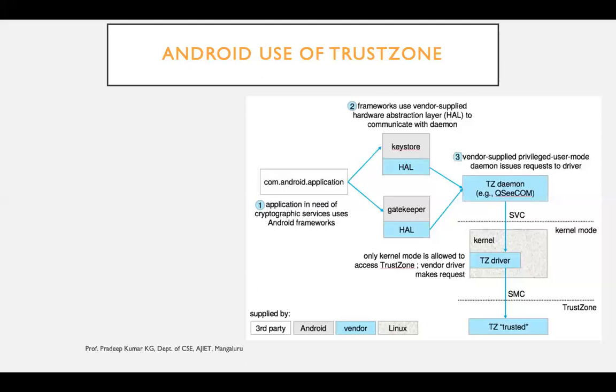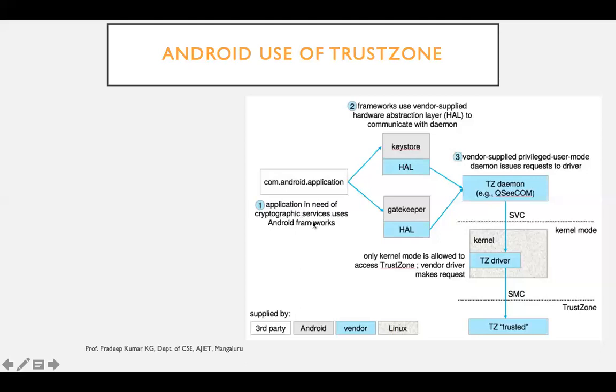So now the application is downloaded. It is ready in your download folder. So you are going to open it for installation. So what happens in the backend is the application in need of cryptographic services uses the Android framework. So it will request you to access your framework, whether you want to install. If you want to install, you're supposed to enable it.